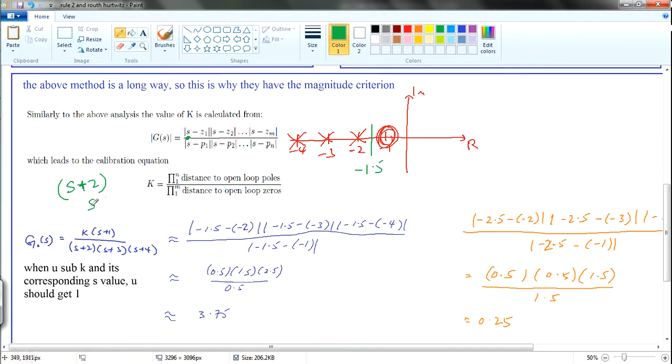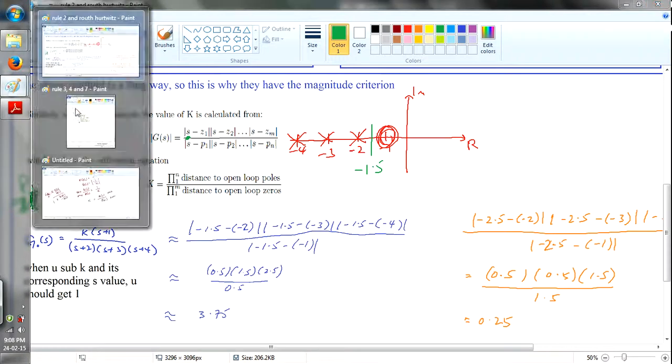The root of this is s equals minus 2. So this is p1, this is the pole, right? This is the pole. They actually did it differently. They didn't do it wrongly, but rather this is the transfer function.